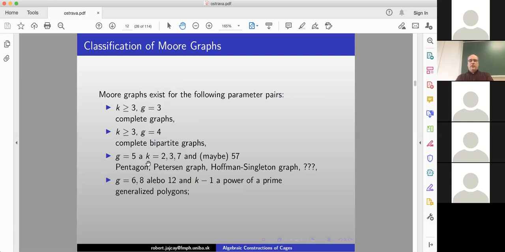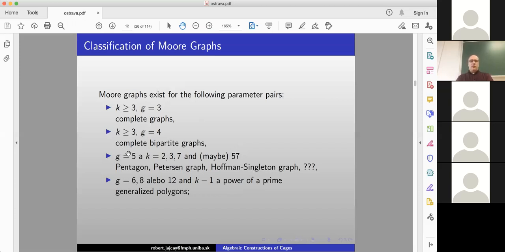Then girth 5 and the degrees 2, 3, 7, and 57. The first three parameters, the Pentagon, Petersen, and Hoffman-Singleton graphs, are known. This 57 is a big open question that has not been solved for a very, very long time.